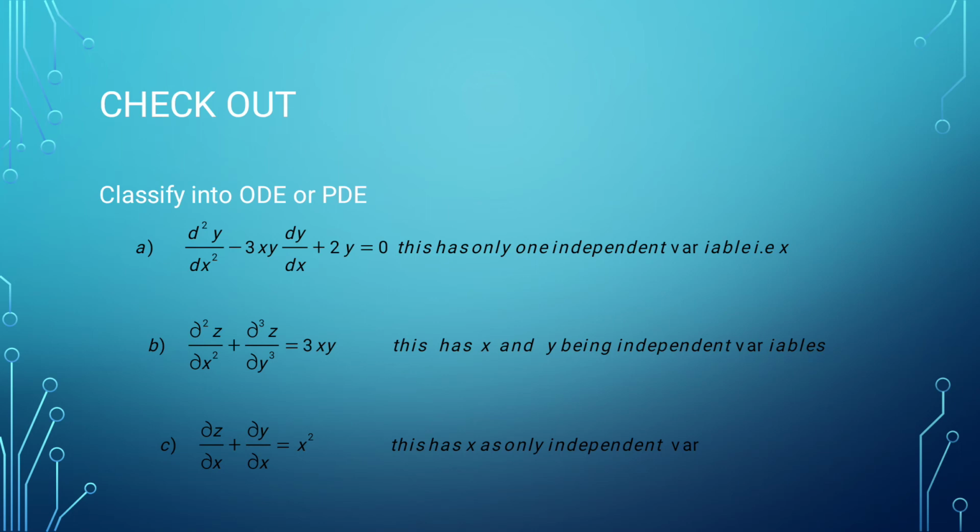If you go to B, you'll find that it has derivatives with respect to two variables, x and y. This means that in B, x and y are two independent variables. Then in C, they are all with respect to x, and therefore C has only one independent variable, x.